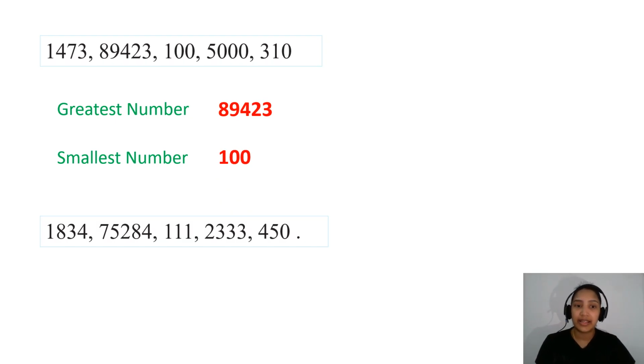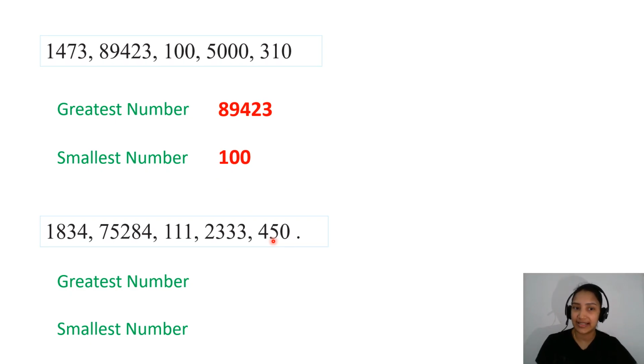1,834, then 75,284, 1,111, then 2,333 and 450. These are the numbers. You have to find out the greatest number and the smallest number. Did you find the greatest number?